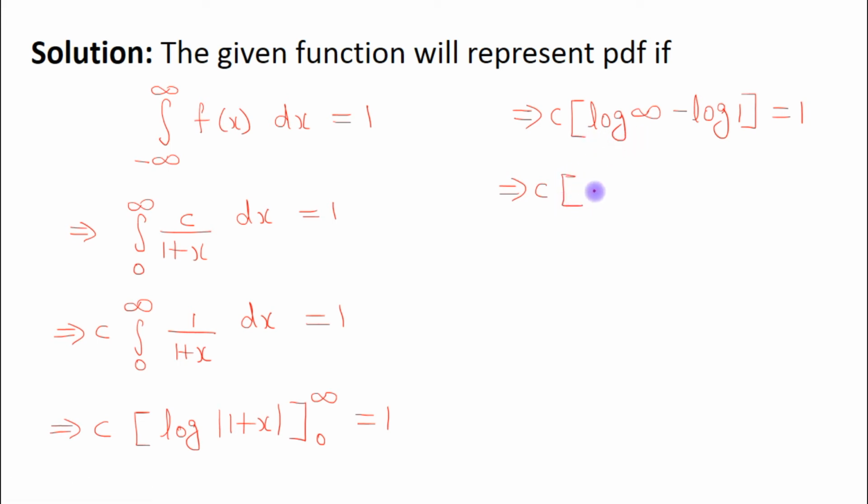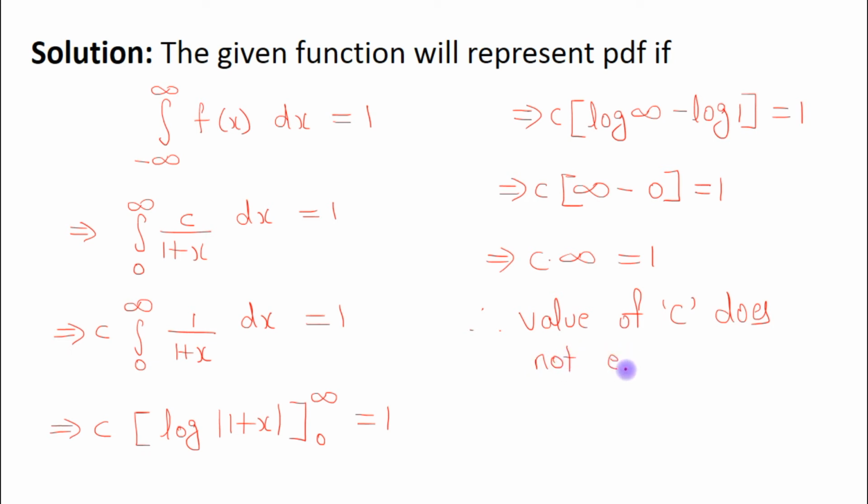Log infinity will be infinity, minus log 1 which is 0, equals 1. So c times infinity equals 1. Therefore, the value of c does not exist.